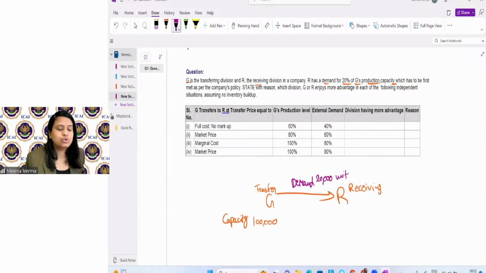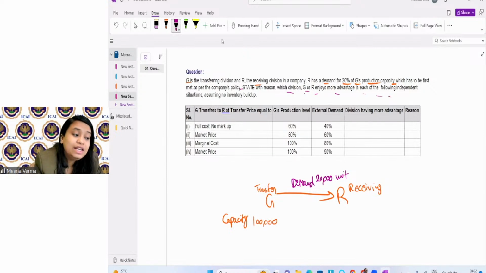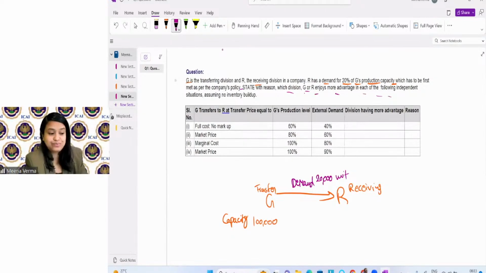This has to be met first as per the company's policy. State with reason which division, G or R, enjoys more advantage in each of the following independent situations. These situations are independent and you have to tell who will enjoy more in each scenario.